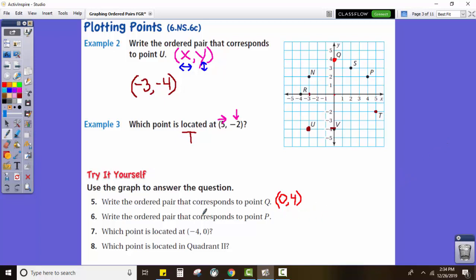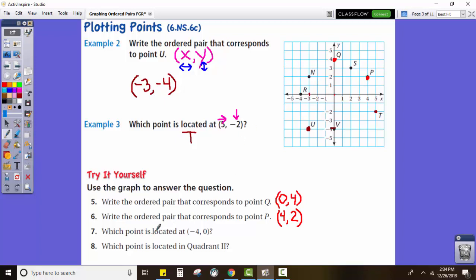Number 6, write the ordered pair that corresponds to point P. So I can see P is right here. Okay, start at 0 and move over first, so over to 4. So I'm going to write 4, comma, then I notice I'm moving up on the y-axis, up to 2, and put your parentheses around it.